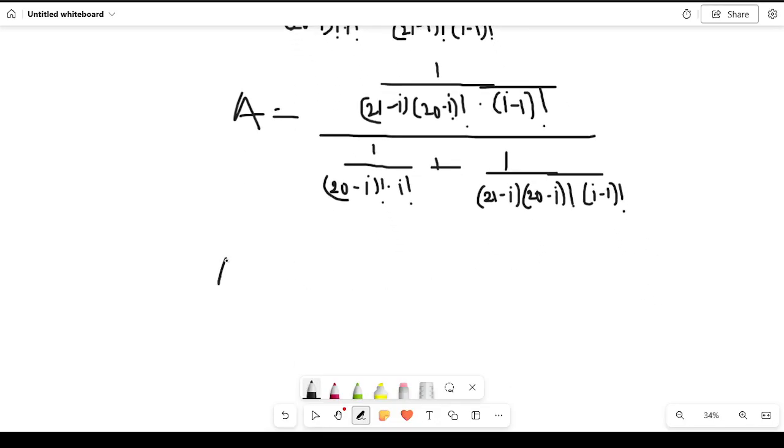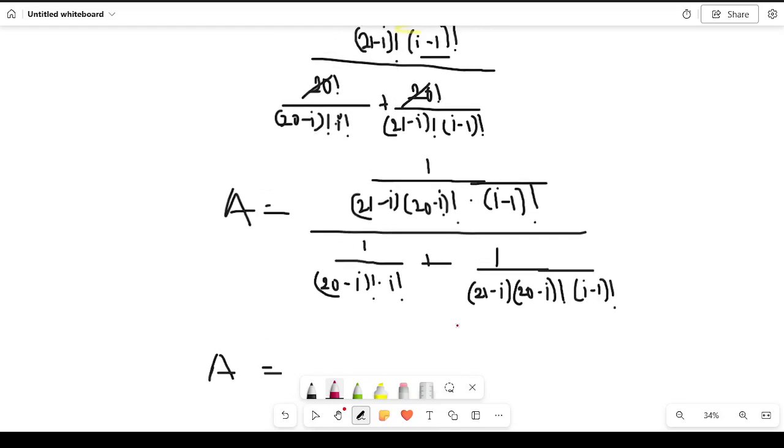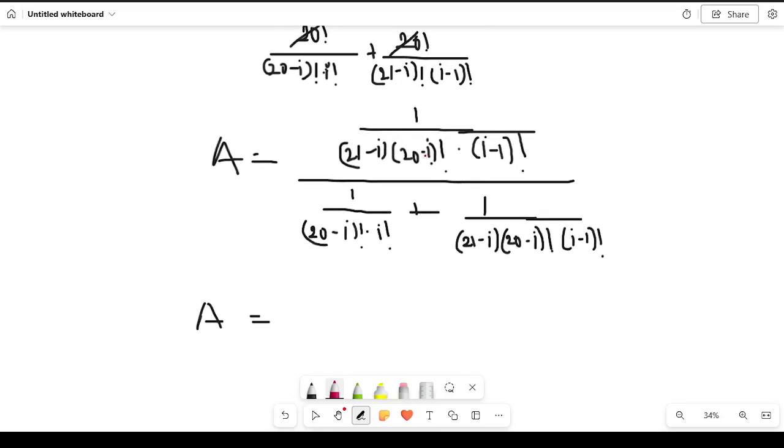Now we will cancel the common terms. The (20 minus i) factorial cancels in the numerator and cancels with the one in the denominator. The remaining is 1 upon (21 minus i) times (i minus 1) factorial, upon 1 upon i factorial plus 1 upon (21 minus i) times (i minus 1) factorial.